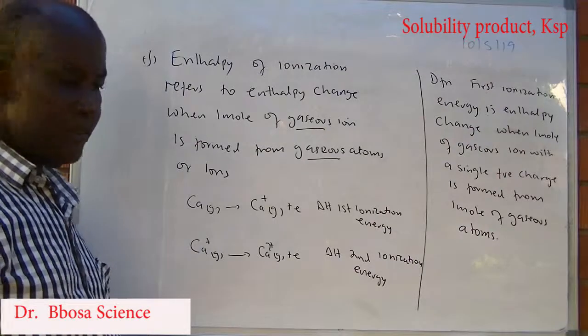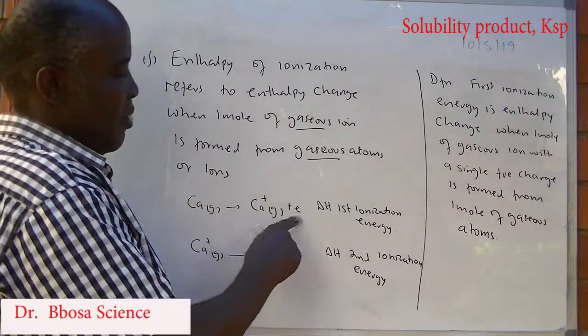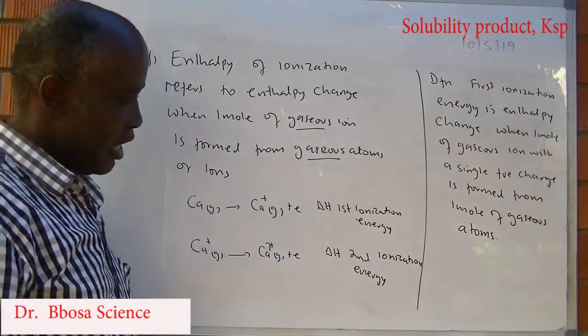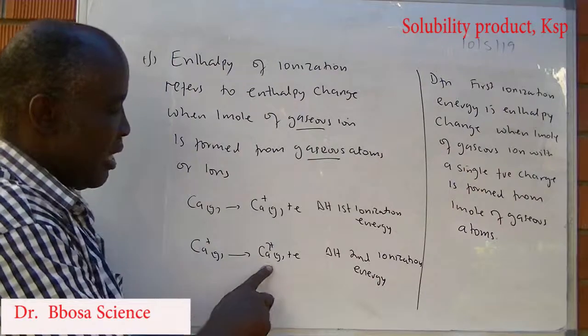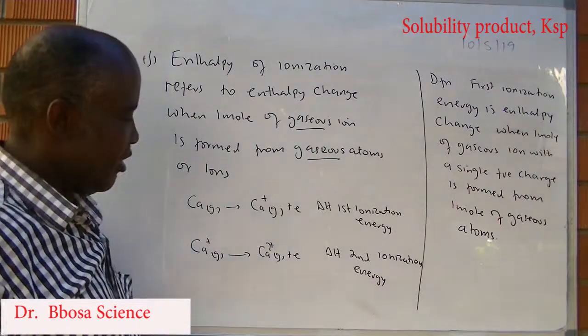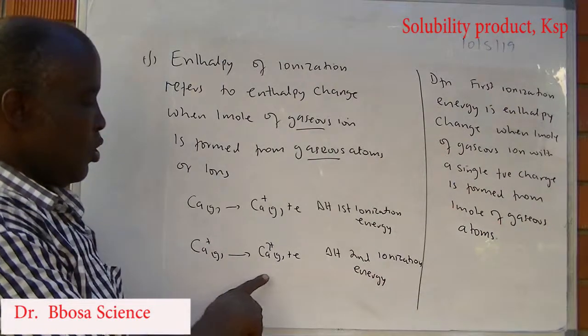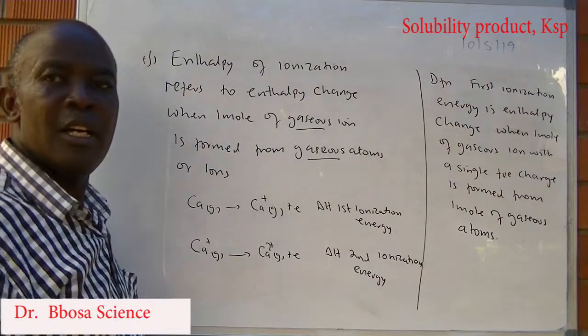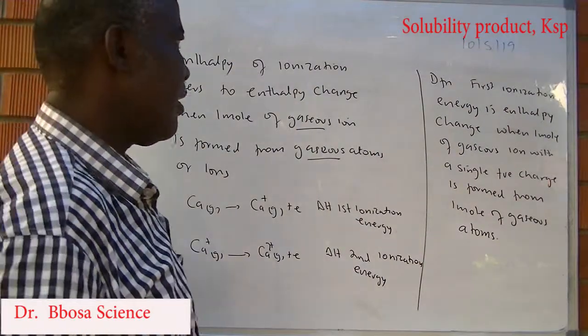So calcium gas to calcium positive 1 plus an electron, you get first ionization energy. Then calcium positive 1 to calcium positive 2 becomes second ionization energy. Calcium positive 2 to calcium positive 3 refers to third ionization energy.